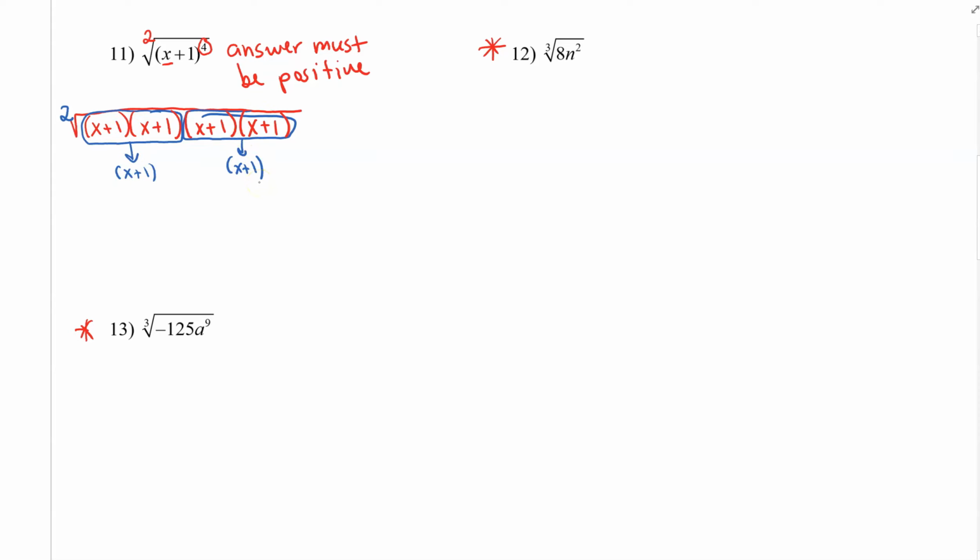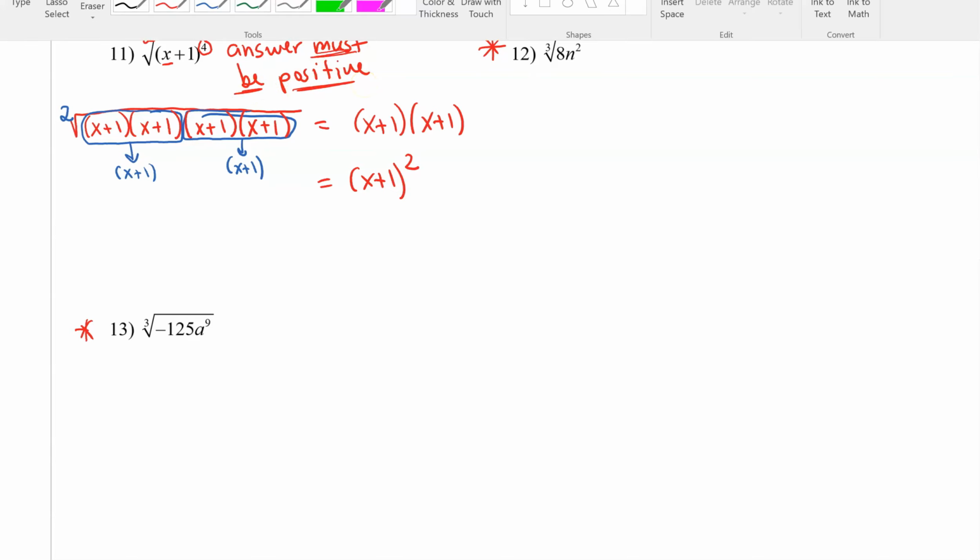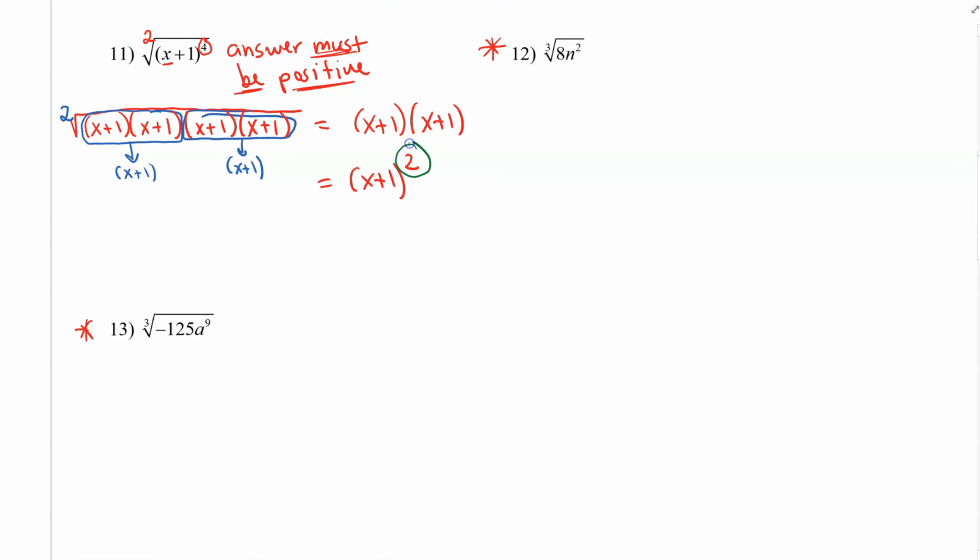2 square roots. So when I take them out of the radical sign, it would be x plus 1 times x plus 1. This square root times that square root. Or I could write that as x plus 1 squared. So I know that this answer must be positive, but here's something else that I notice: it's being squared.